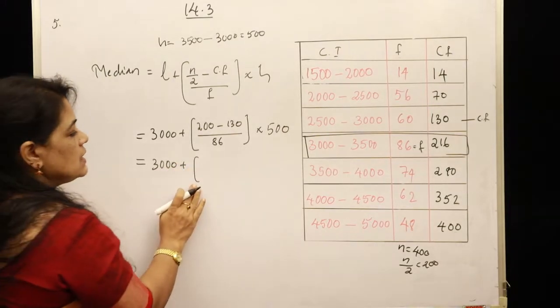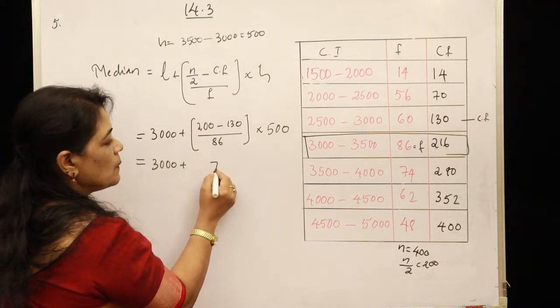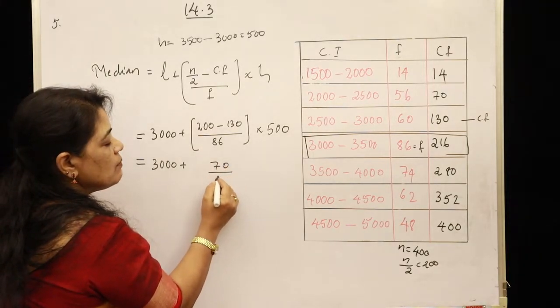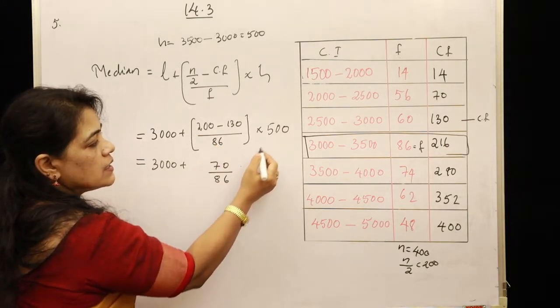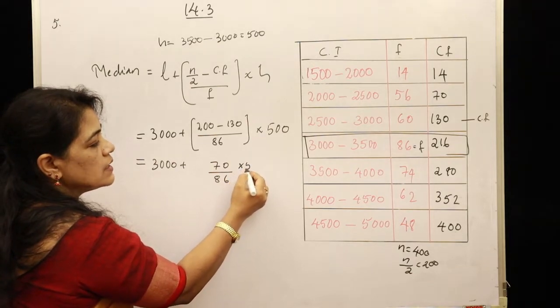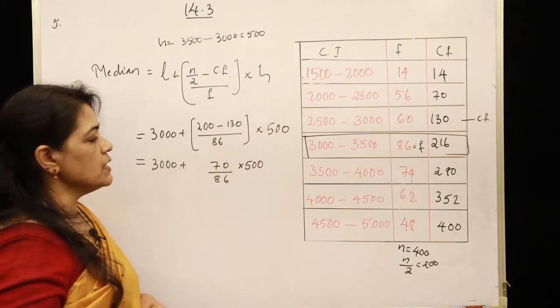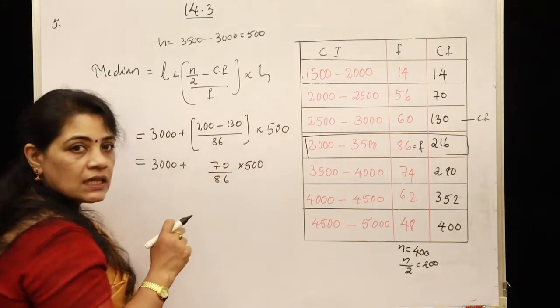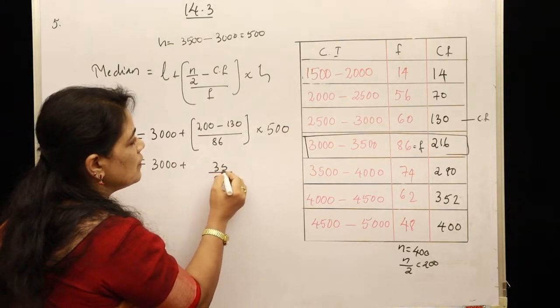Subtracting, 200 minus 130 is 70, divided by 86, into 500, that is the height h. So 7 5s are 35.